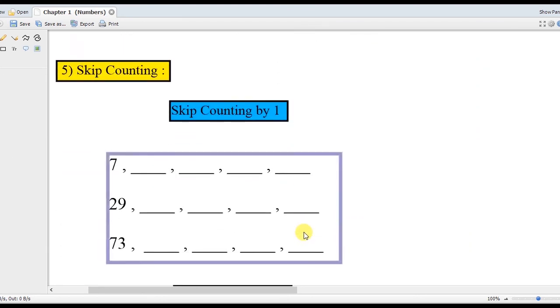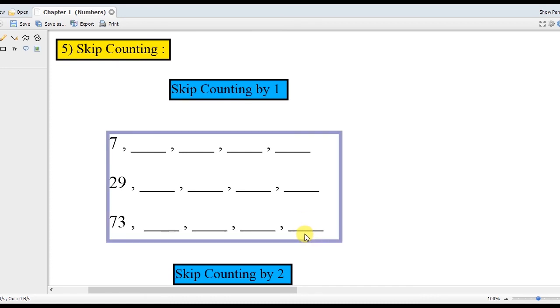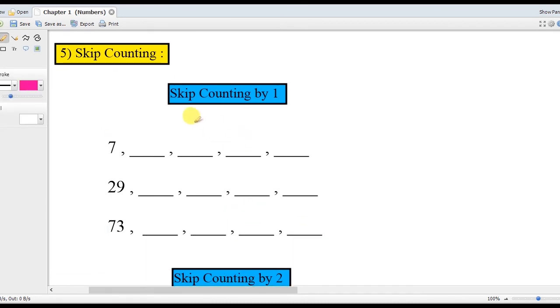Okay, moving on to the next concept, which is skip counting. So the first category is skip counting by 1. I'm going to draw one block. So 7. What comes after? After 7 we have to skip 1. So after 7, 8. Let's write 8. 9. After that 10.